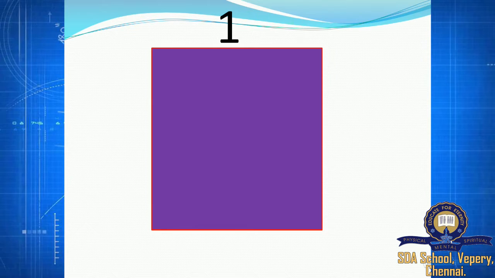You can count it: 1, 2, 3 and 4. A square has 4 sides. The second thing is a square has 4 corners.